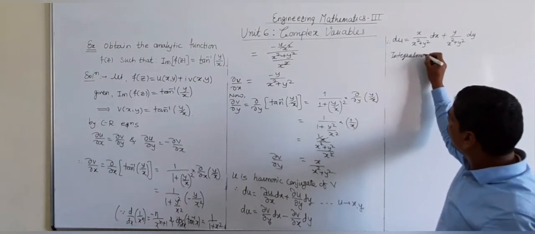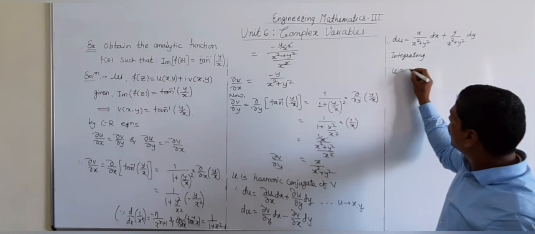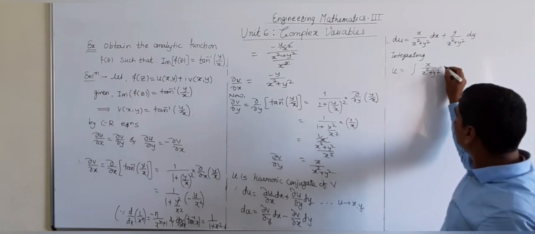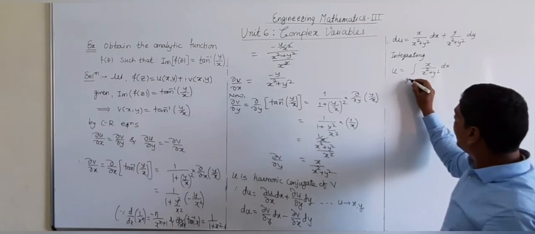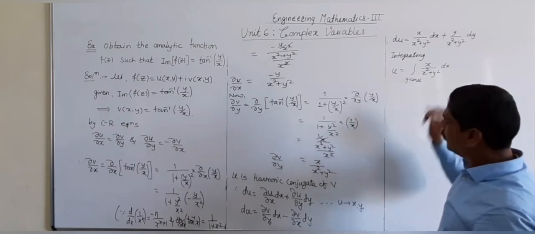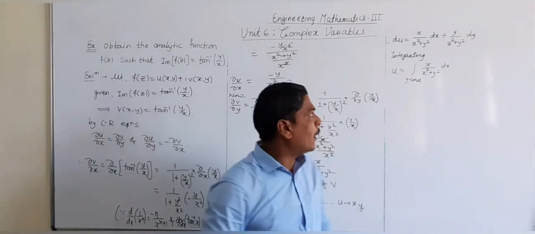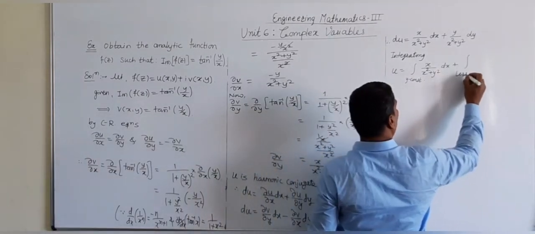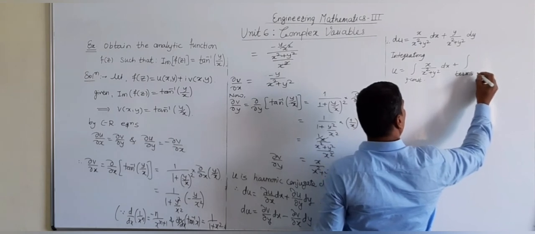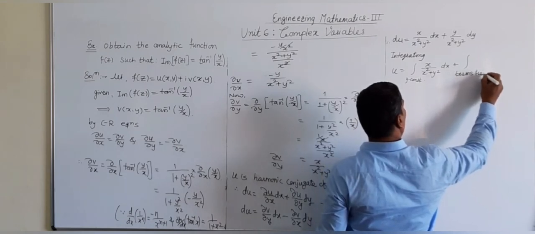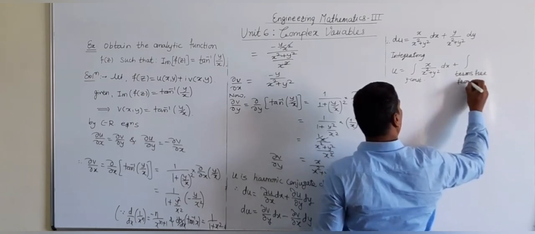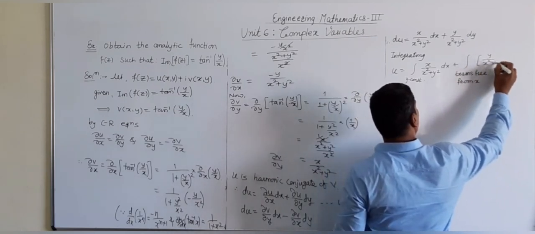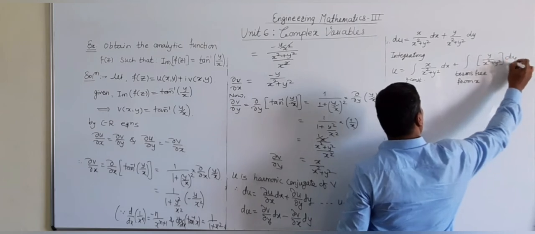So integrating, we get u is equal to the integration of x divided by x square plus y square dx, here treating y as a constant, then plus the integration of terms free from x, y upon x square plus y square dy.